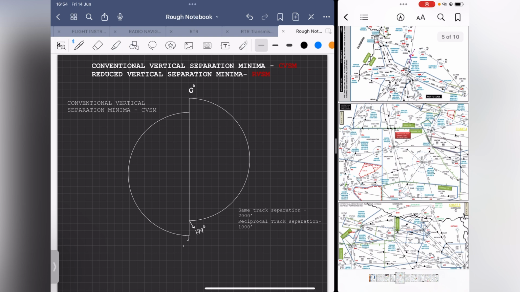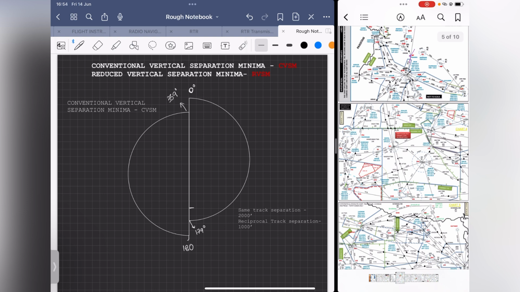The second hemisphere begins with 180 degrees and ends with 359 degrees. Any heading from 0 to 179 degrees is counted towards the eastern hemisphere, and anything with a heading of 180 to 359 will be counted in the western hemisphere. Now that we have our basic details in place, let's begin.